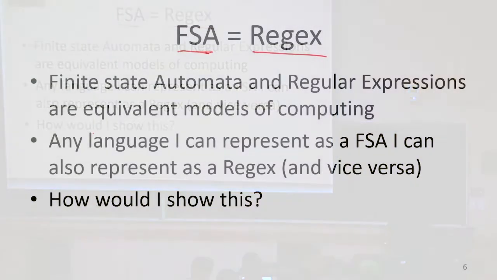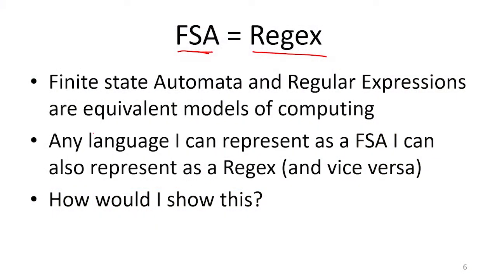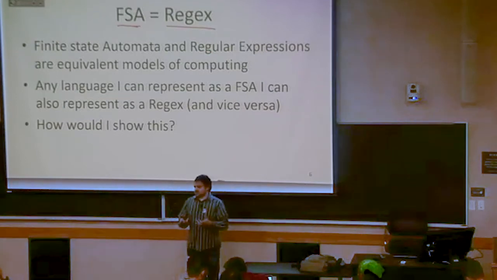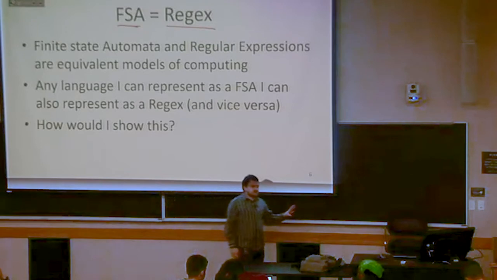Yeah, we showed that we could take anything that we could do in one model of computing and translate it into the other model, such that the functions that we computed were the same in the pre-translated version and the post-translated version. Basically, we show this by providing some sort of mechanism for translating model A into model B.